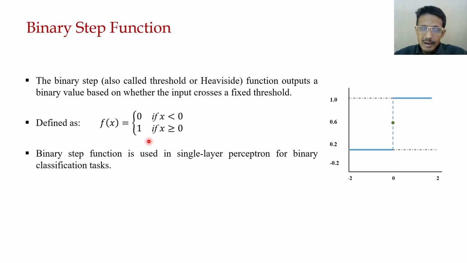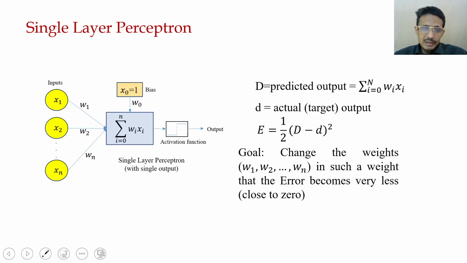Now with this background, we try to understand what this single layer perceptron is actually doing. A neural net is basically going to predict something. There is some input, and based on this input we get some output. Before it can predict, the single layer perceptron is trained.